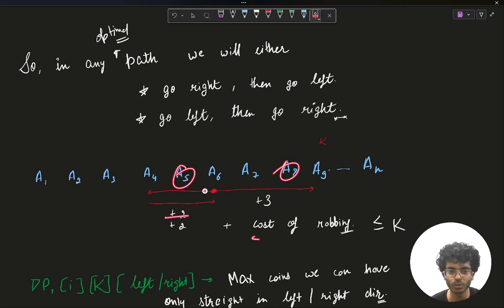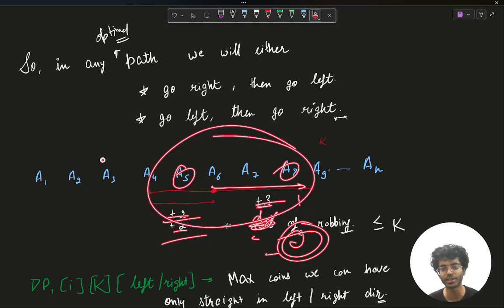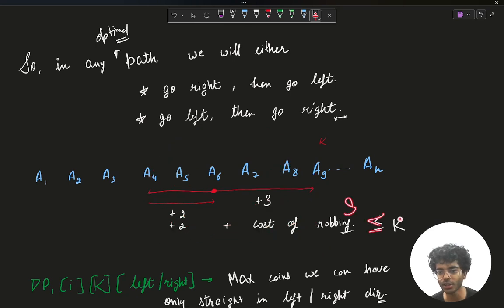So we have two for going left, two for coming back, and then three for going right again. And he robbed two houses, so the cost of robbing is 2. In total, he required 9 days for this particular strategy. And if 9 is less than or equal to k, then this strategy that the burglar followed is a valid strategy, right?